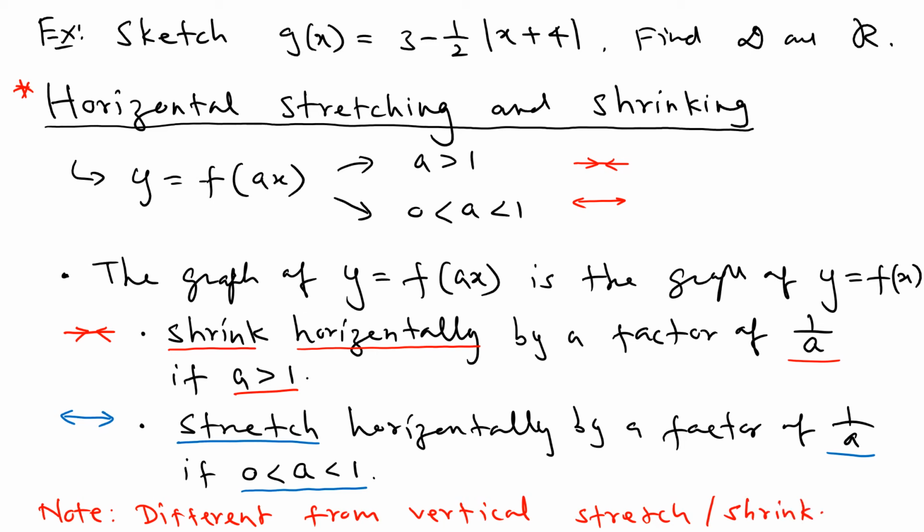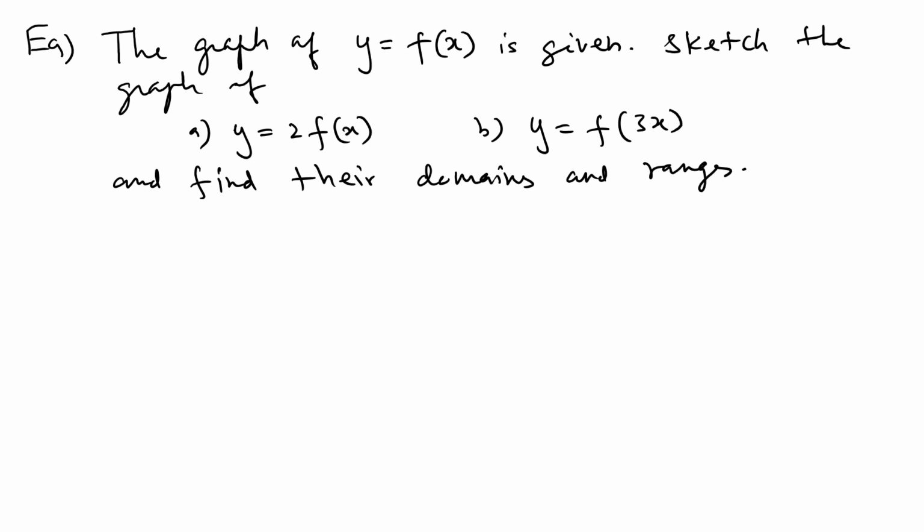Okay, so let's look at some examples here. We have the graph of y = f(x) given. Sketch the graph of y = 2f(x), which is outside, that means a vertical stretch, and y = f(3x), which is inside, that means a shrink.